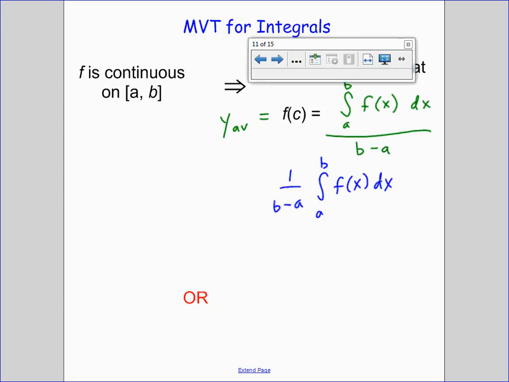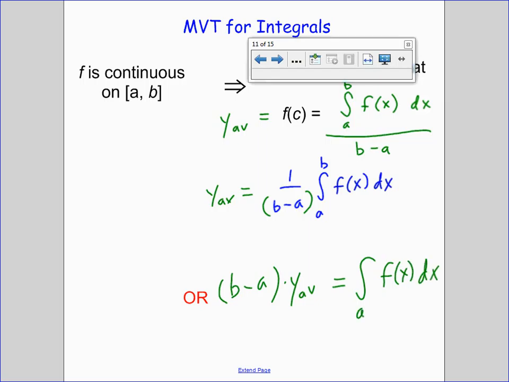Well, if we took that y average and multiplied it by this quantity b minus a, we get the width of my rectangle multiplied by the height of my rectangle, which equals the exact area in between my function f and the x-axis over the interval a to b.